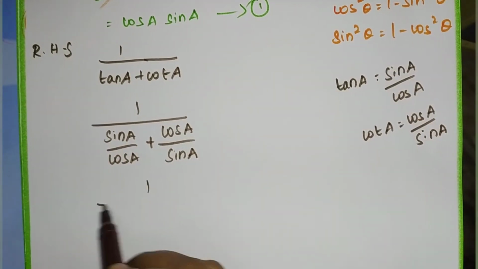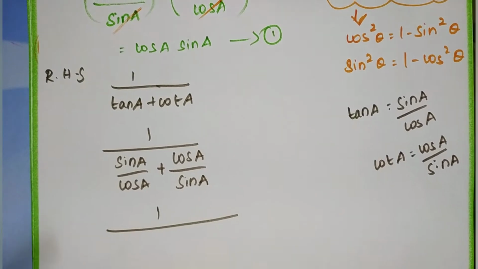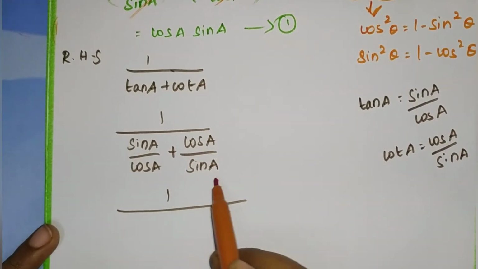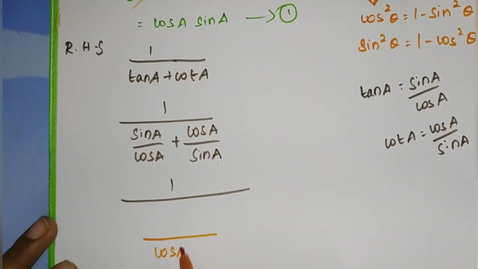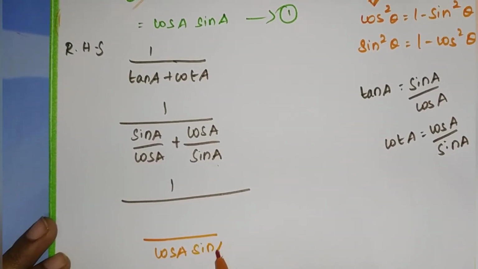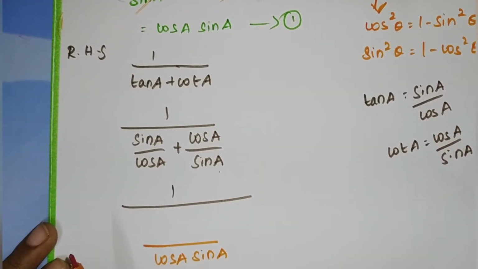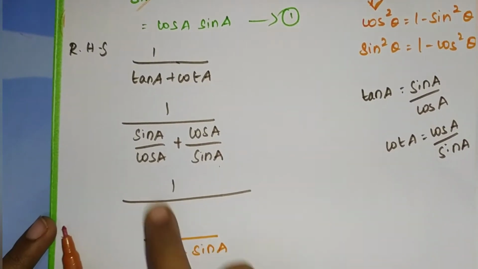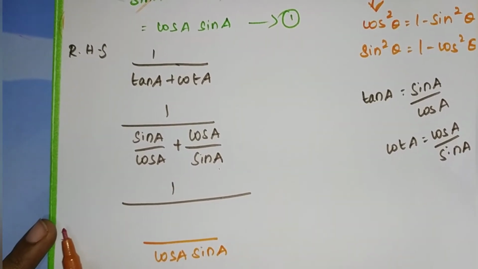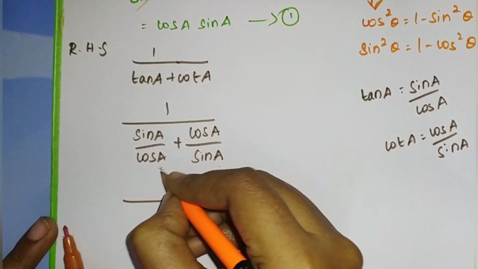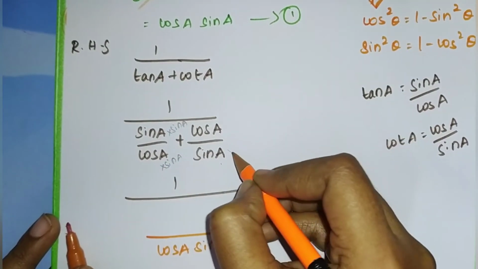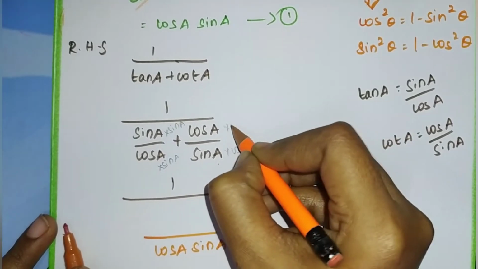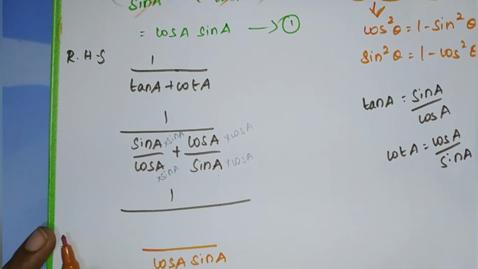Keep the numerator as it is, 1 as it is, and simplify the denominator. Take the LCM. What will be the LCM? Cos A sin A. Here we have cos A, but we don't have sin A, so we have to multiply by sin A, sin A. And here we don't have cos A, so multiply by cos A, cos A. Clear?